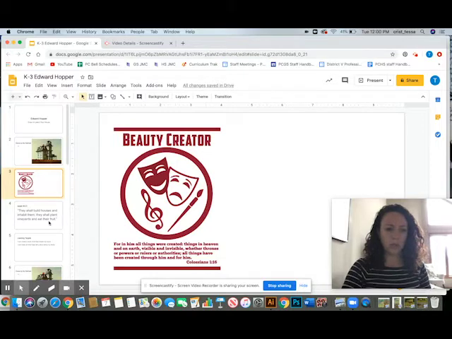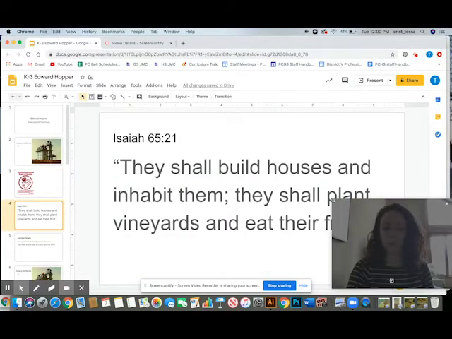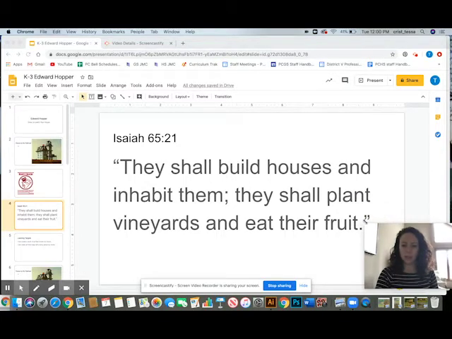Before we get started, I wanted to start with a verse about houses because we're going to be drawing houses. This verse is from Isaiah 65:21, and it says, "They shall build houses and inhabit them. They shall plant vineyards and eat their fruit."